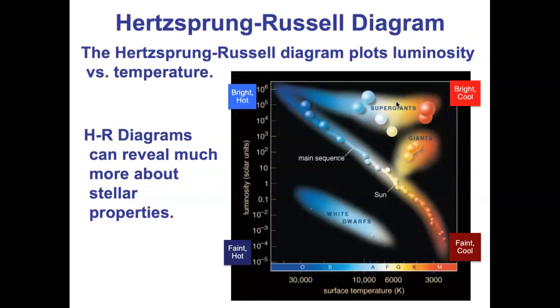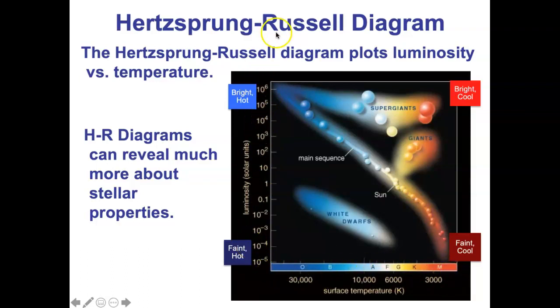And on the face of it, the HR diagram is just a scatter plot of luminosity versus temperature of these stars, right? And an HR diagram is always set up the same way. You have the luminosity on the vertical axis, and you have the temperature on the horizontal axis, right?